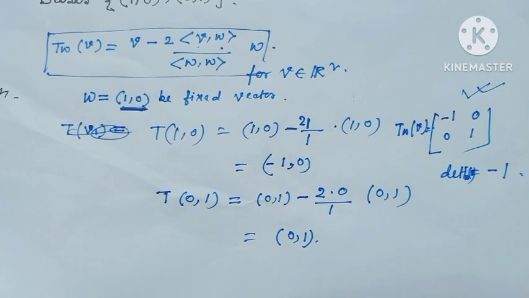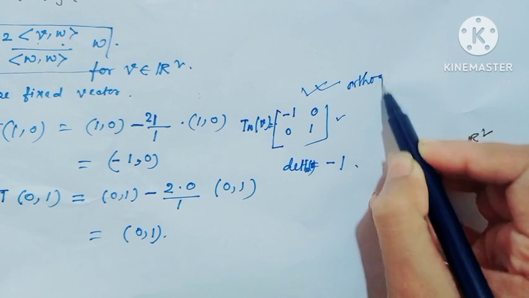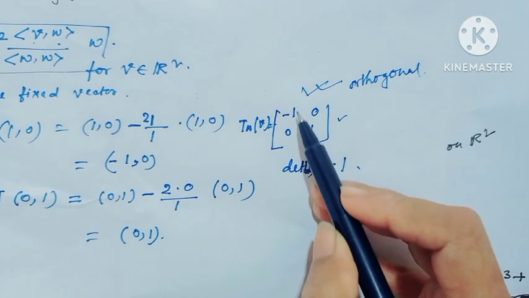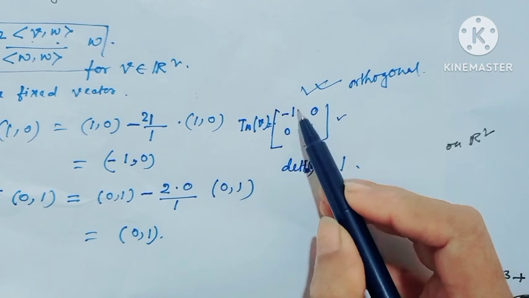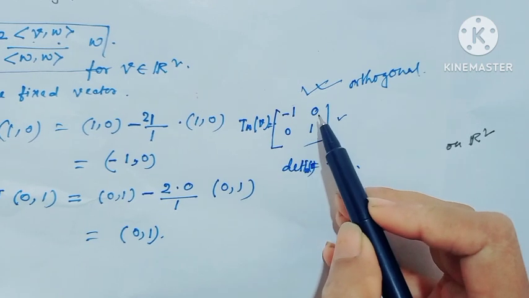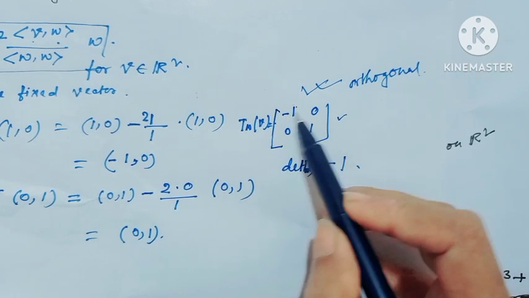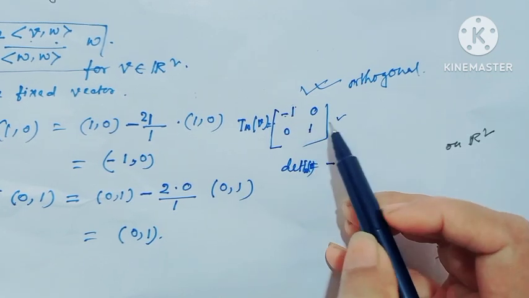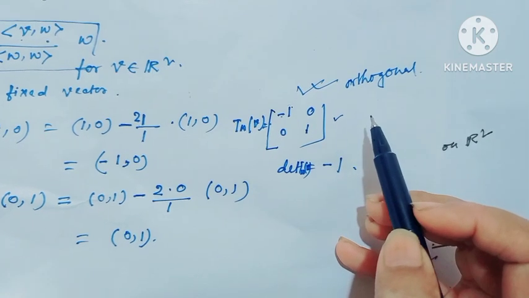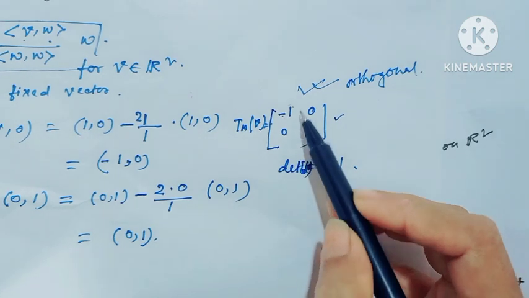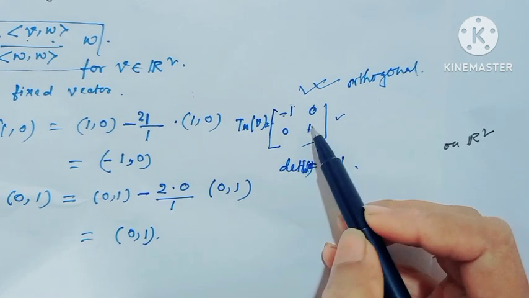Now notice this matrix is actually an orthogonal matrix, because the length of each column vector is 1, and the dot product of the column vectors is 0. So obviously this follows the rules of an orthogonal matrix: the length of each vector is 1 and the dot product of the vectors is 0.